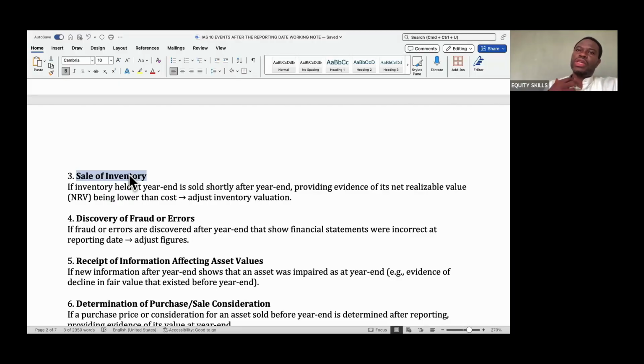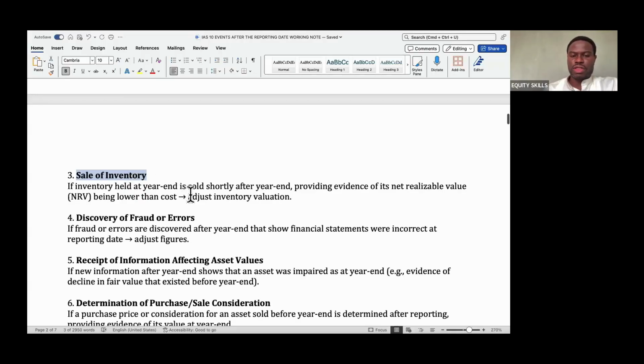The fact that we are now able to sell it at a selling price only confirms and helps us determine the net realizable value of that inventory, and that will help us in our valuation. So we will need to adjust our inventory valuation. It is an adjusting event.